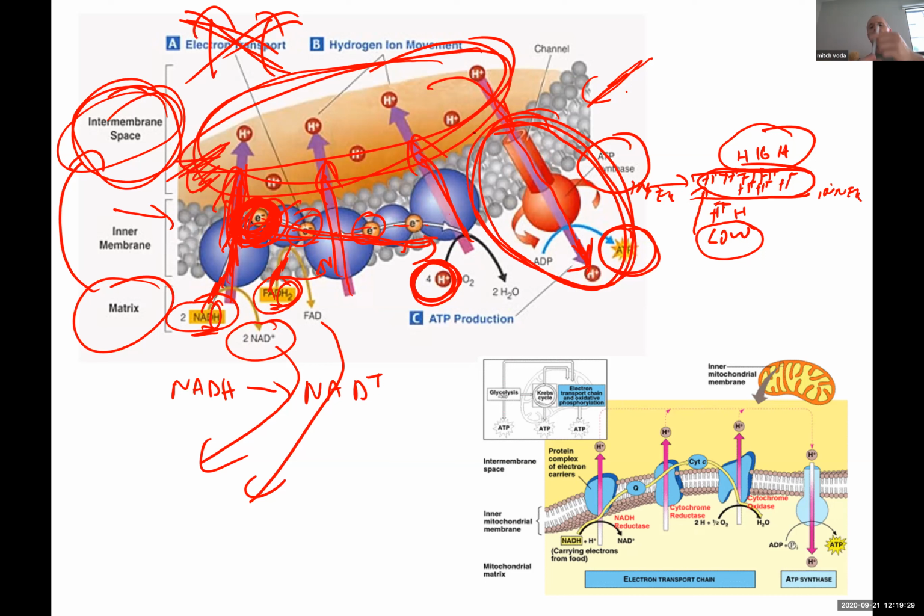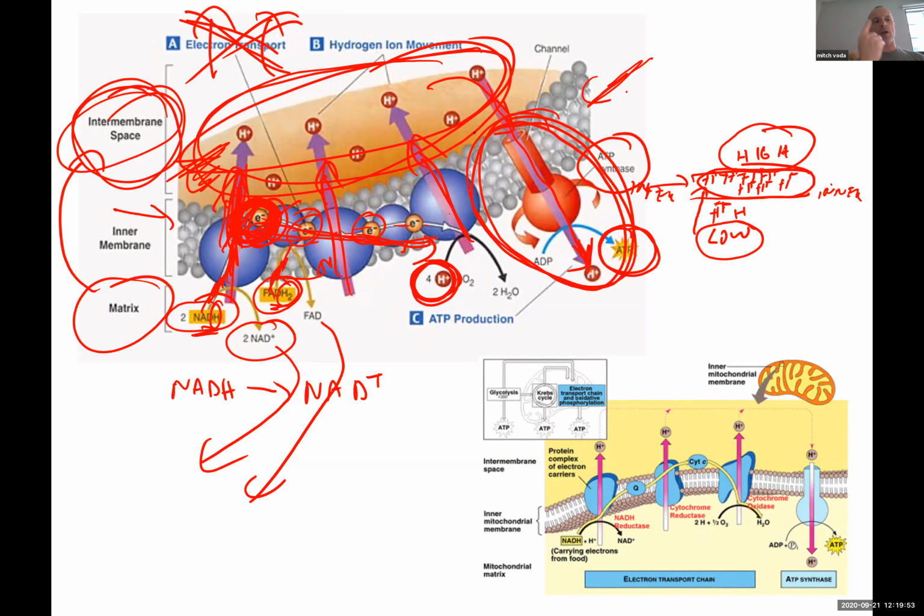Now, this machinery looks like a shaft. A shaft is like in an engine, like a rotary engine in a car. As the shaft keeps rotating, or spins, it produces energy.